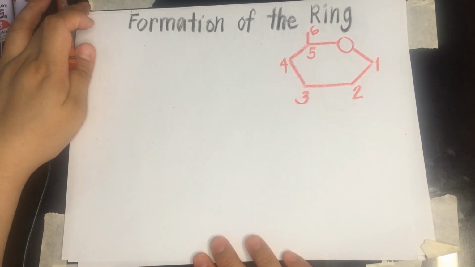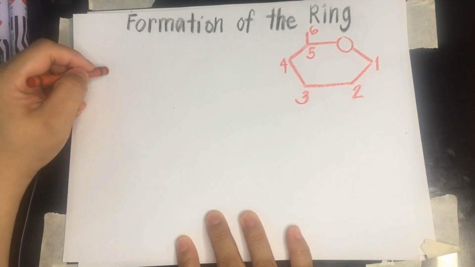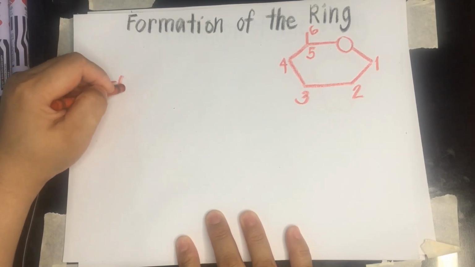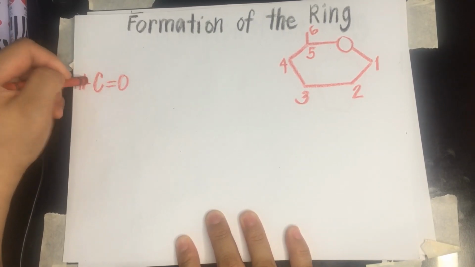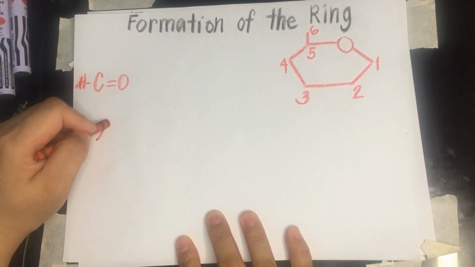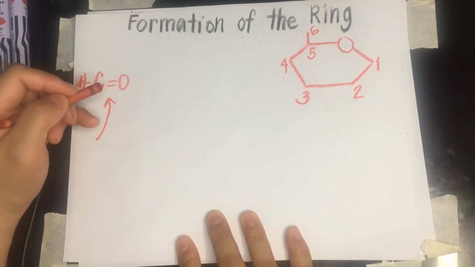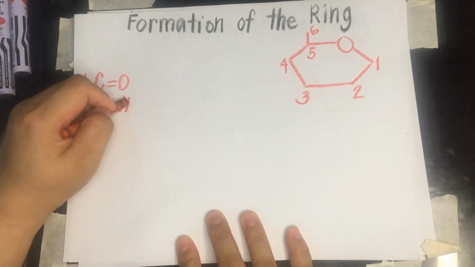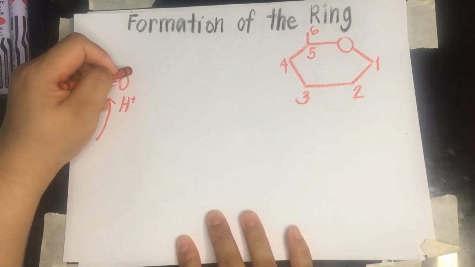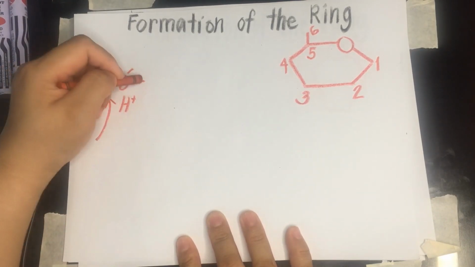How are the bonds formed in a pyran ring? Let us talk about the carbon with a double bond oxygen and a hydrogen. When a hydrogen is added to the aldehyde group, oxygen is more electronegative than hydrogen. So what happens?